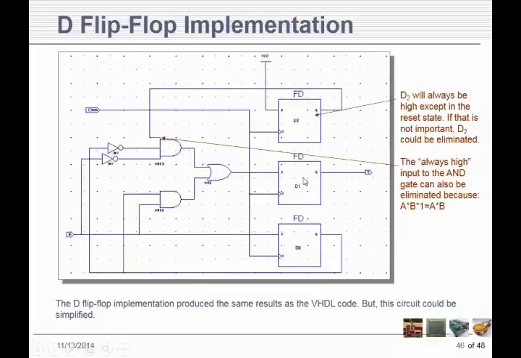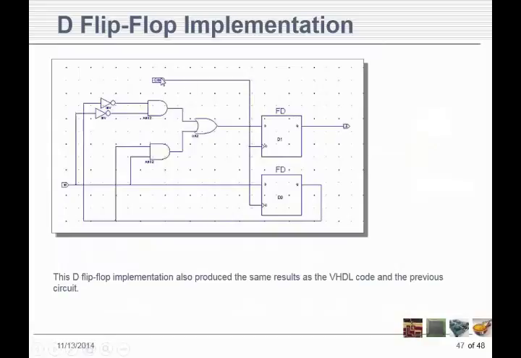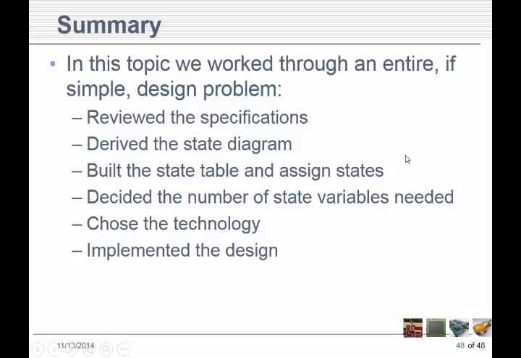So I said, okay, the output from flip-flop D1, there's Z. Since this is always going to be a 1, I took it out and said this is what my design was. I didn't care what was going on with that last flip-flop. We weren't working with the outputs of the flip-flops, so we just cared when Z went high.